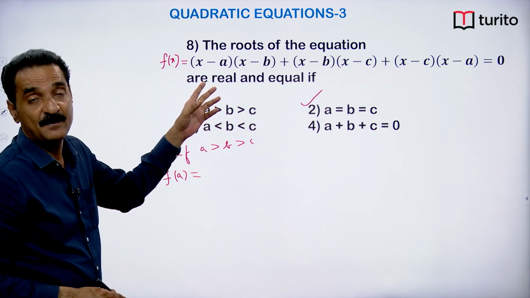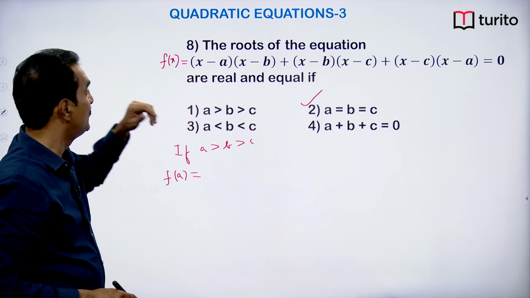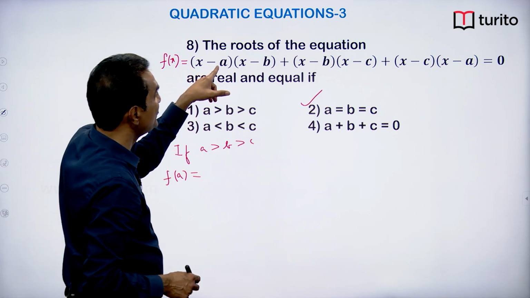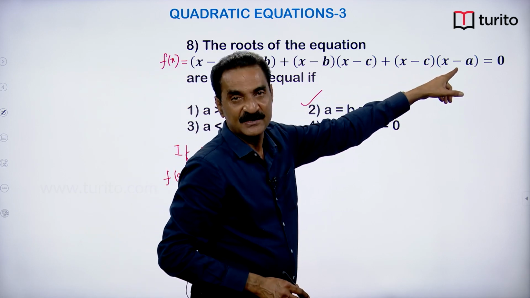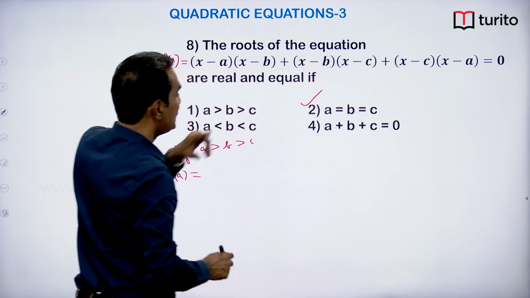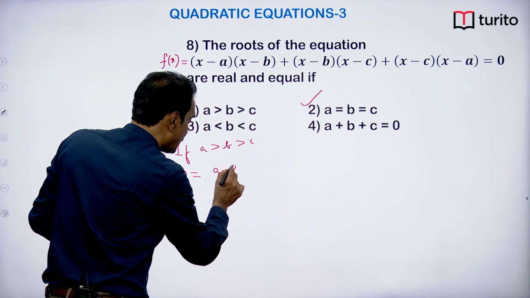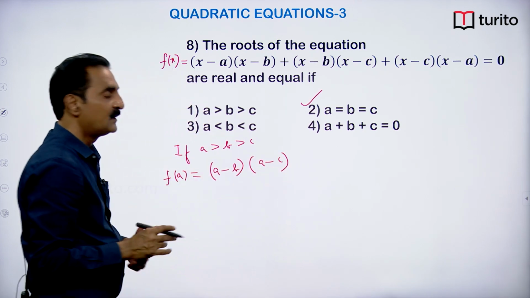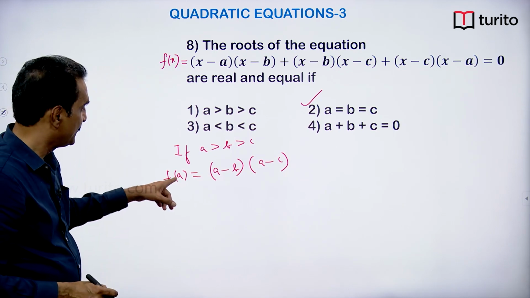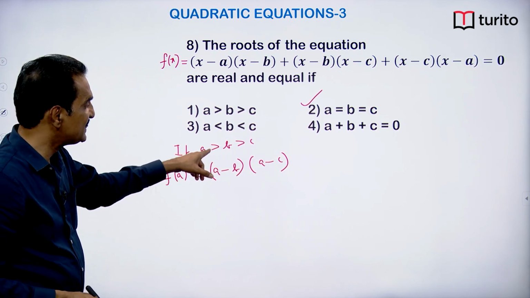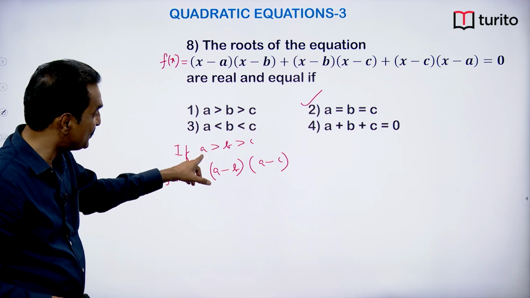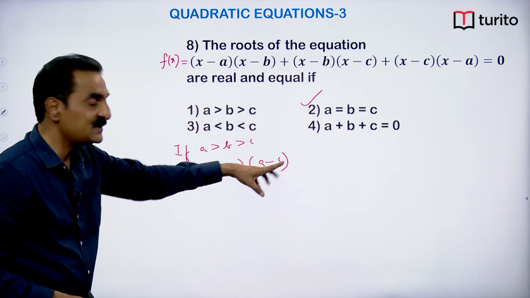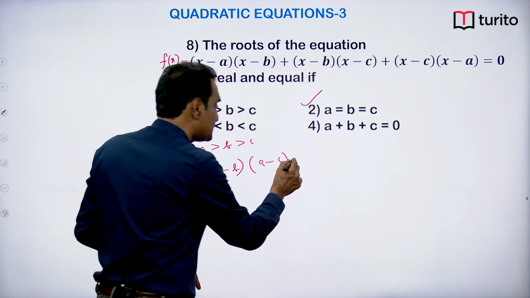It should be given A, B, C are real. F of A is equal to, this is 0, this is 0. Putting x is equal to A, you are getting A minus B into A minus C. What is it? A minus B is positive, A is greater than B, no? A minus C is also positive, positive into positive is positive.